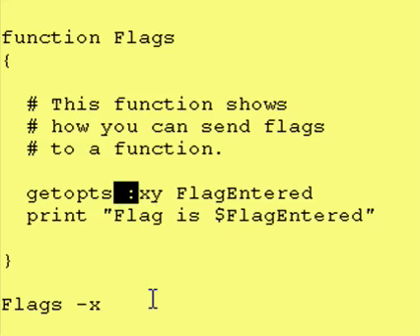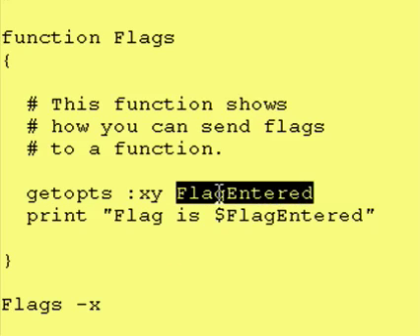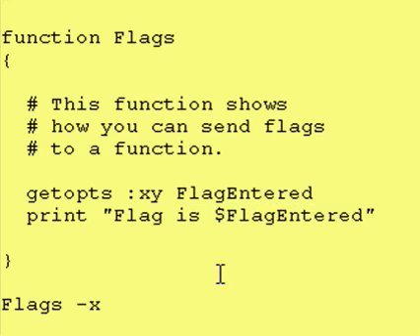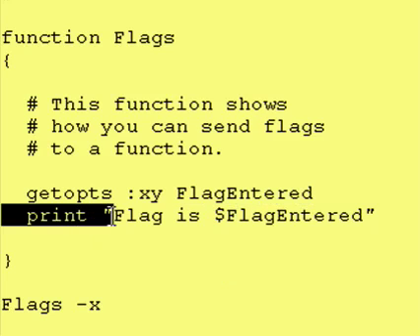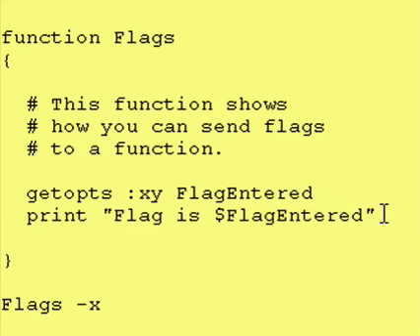And once again, the leading colon says that if getopts gets a flag that's not a -x or a -y, then put a question mark into our variable right here, which is flag entered. And our next line of code just simply prints the flag. I tried to keep this very simple, because if you want to learn all about getopts, there's lesson 15 for that.